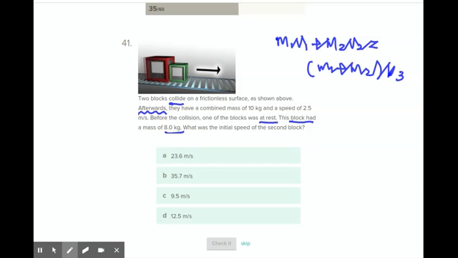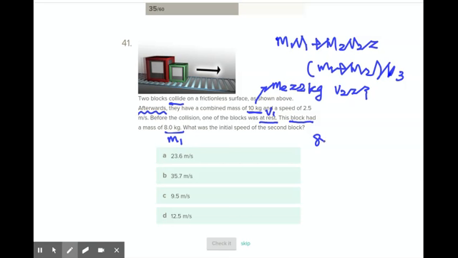So let's assume this block is M1. Initially at rest is V1. And then the two combined is 10 kg. That means your M2 should be 2 kg because 10 total minus M1 is 2 kg. And the speed of the second block, V2, we don't know. Right?